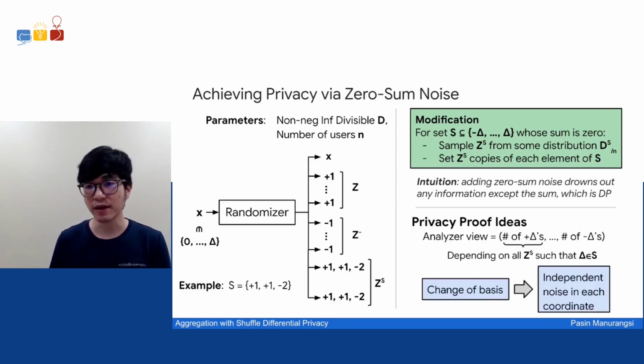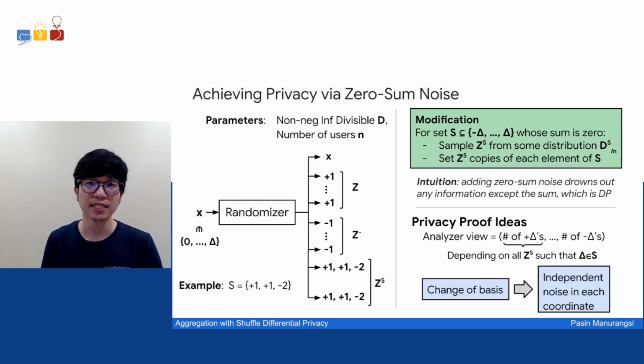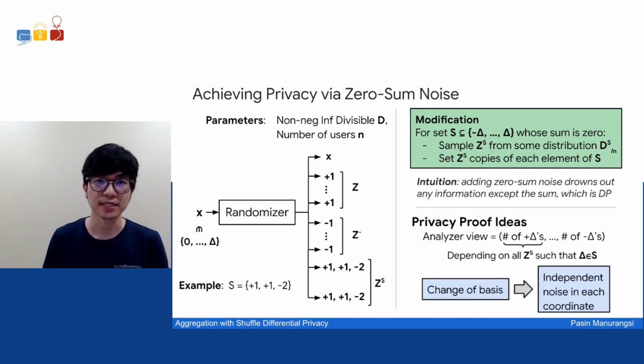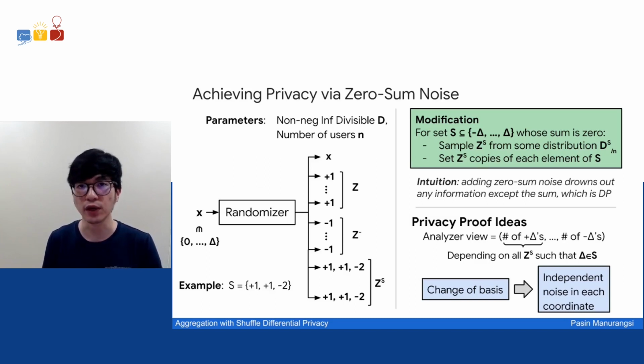And in terms of the privacy analysis, it is a generalization of the privacy analysis that we saw earlier for the counting case. Basically, the analyzer view here will be the number of each type of message, meaning the number of plus Delta messages, the number of plus Delta minus 1 messages, and so on and so forth, to the number of minus Delta messages.